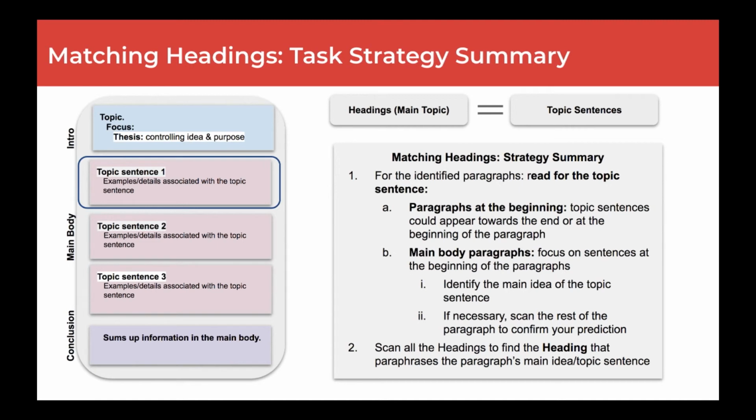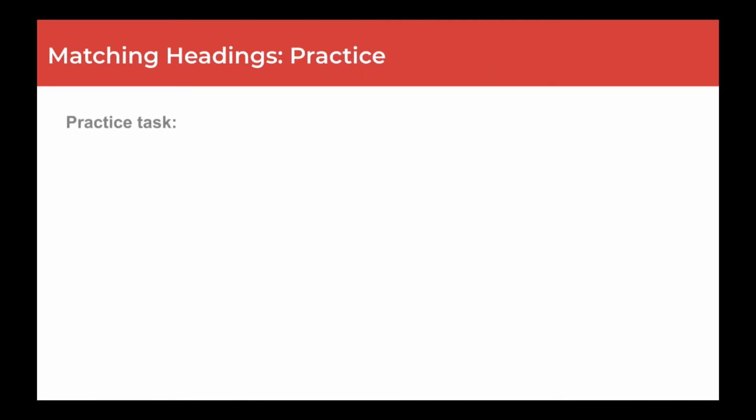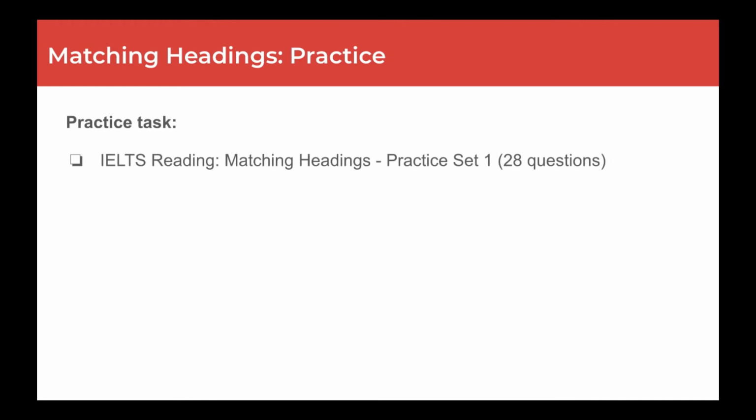So now that you know the strategy and how it works, I suggest you do more practice. In the following task, you can see the matching headings practice set 1, which has 28 questions. So you have to match 28 paragraphs to appropriate headings. Just note that if you get fewer than 24 answers correctly, you should probably focus on developing complementary skills that are necessary to do matching headings successfully.